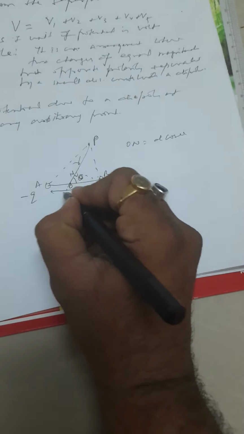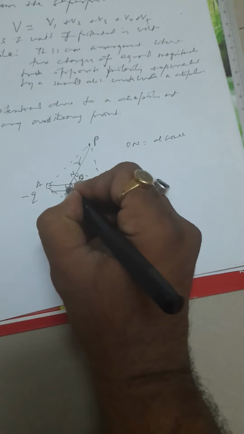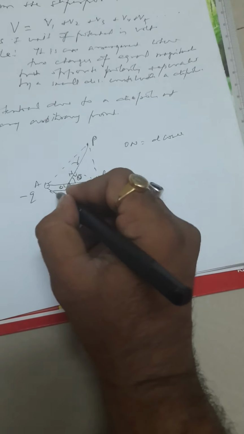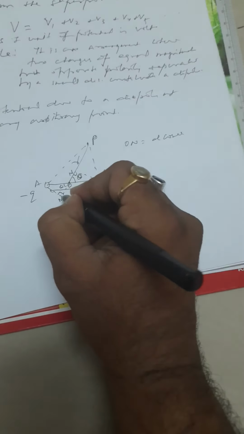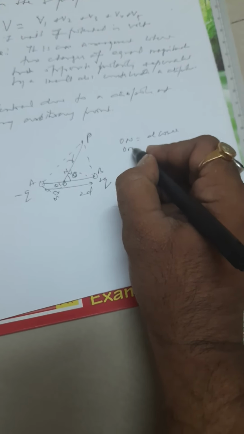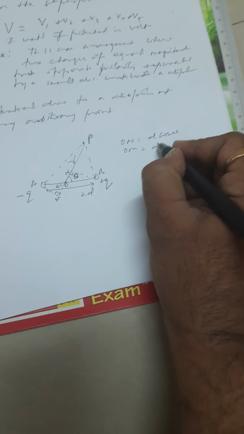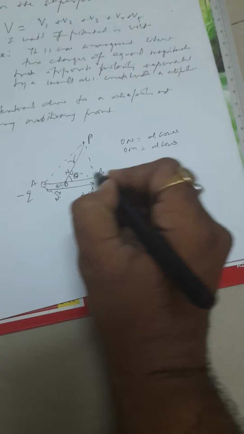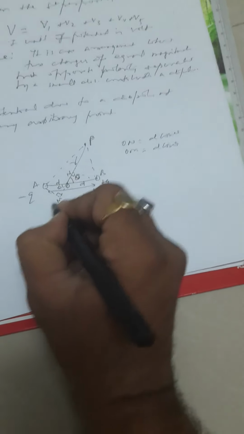Similarly, we extend this part. This is theta. Let it be AM, which is again a perpendicular. So OM will be equal to D cos theta. Here this is D and this is D, which makes this 2D.